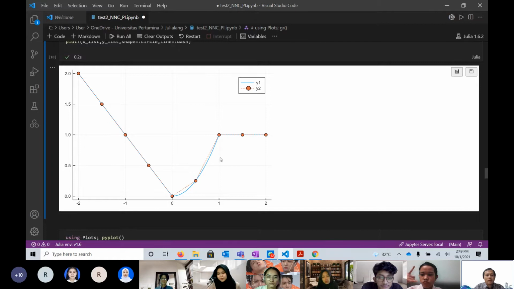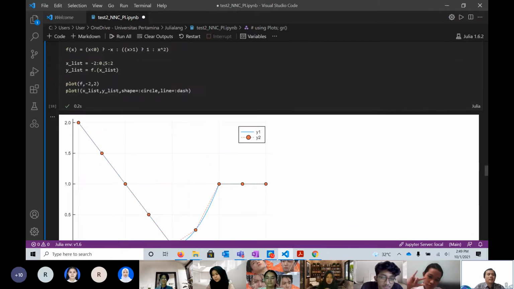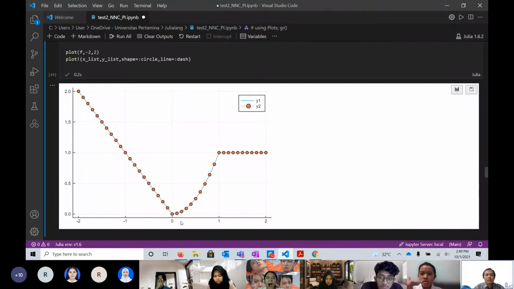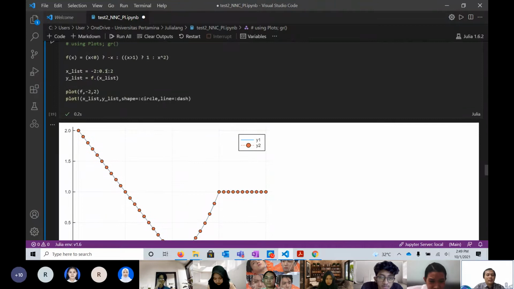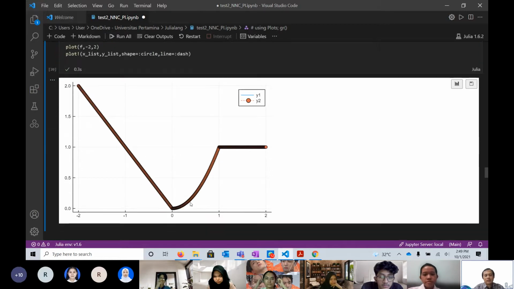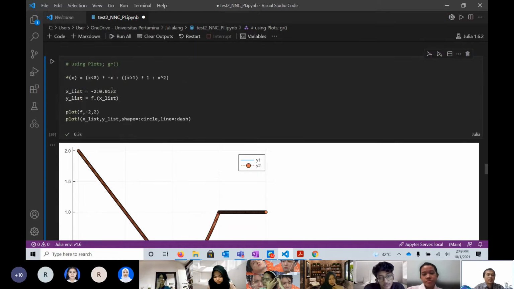And if we take more points, 0.1, then the plot will be smoother. If we put more points, then the plot will get very close to the actual plot. Like that.